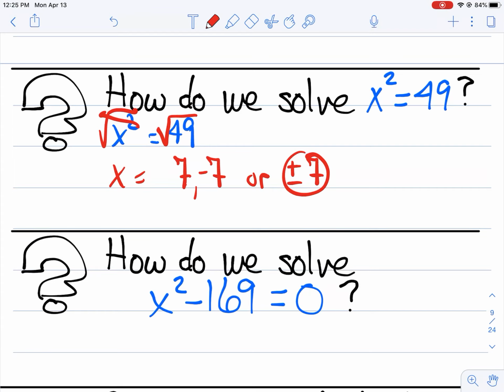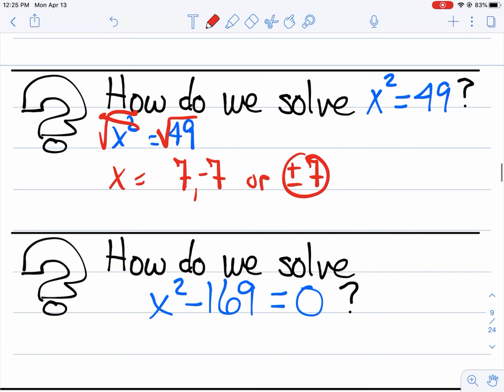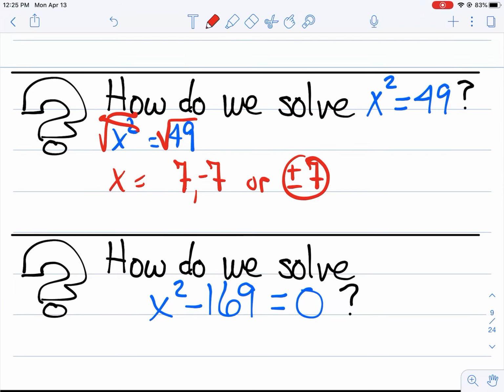x squared minus 169 equals 0. Okay? I'll pause for a minute and give you a chance to try it. Okay, so like in the previous method, we need to get the number over on the right side.